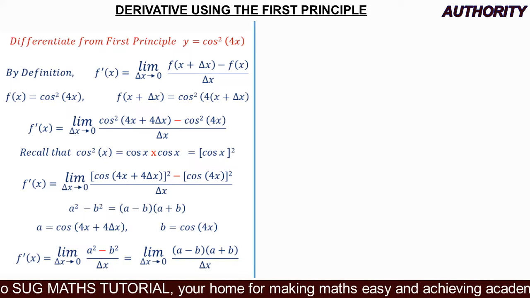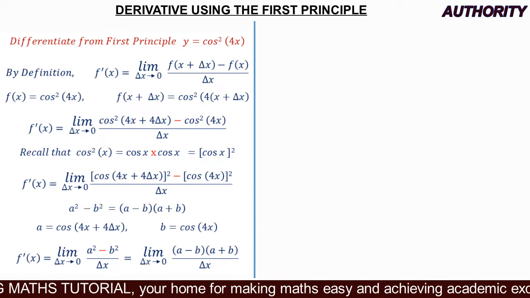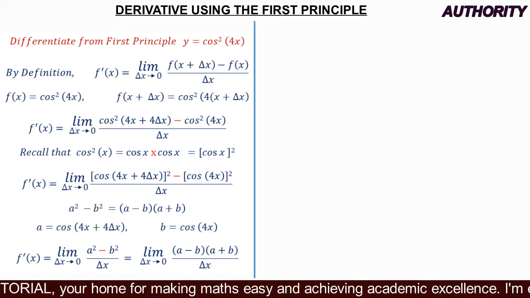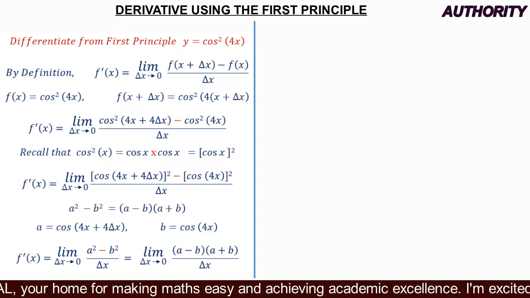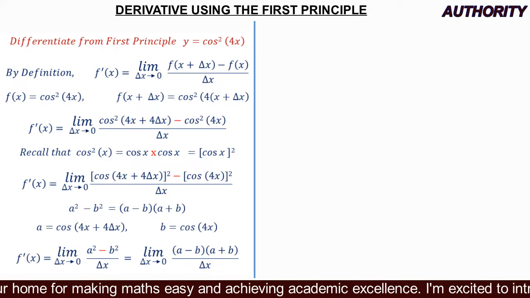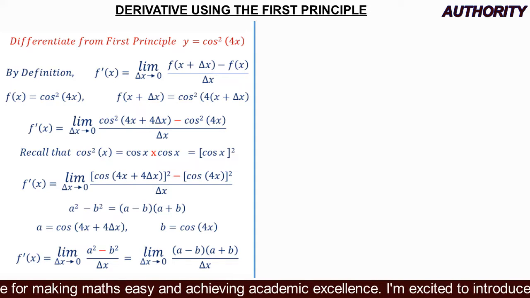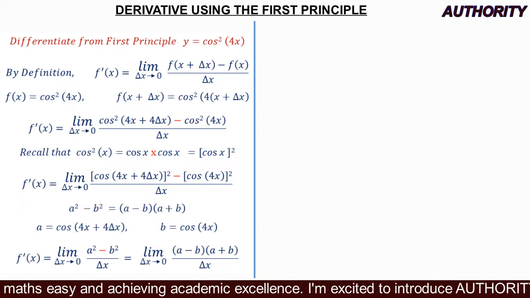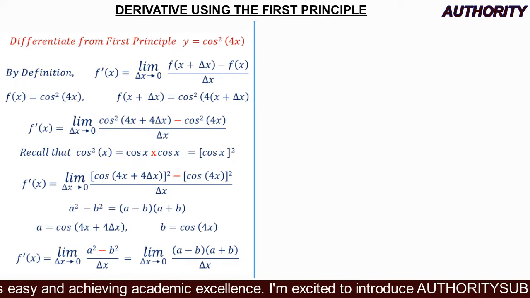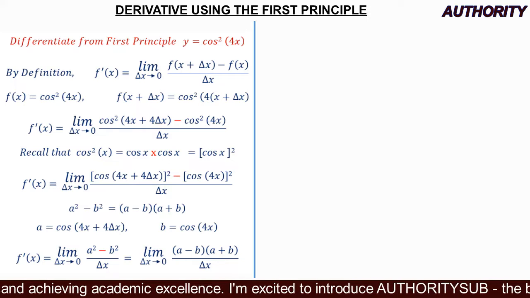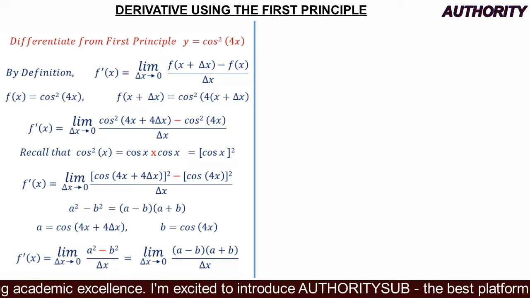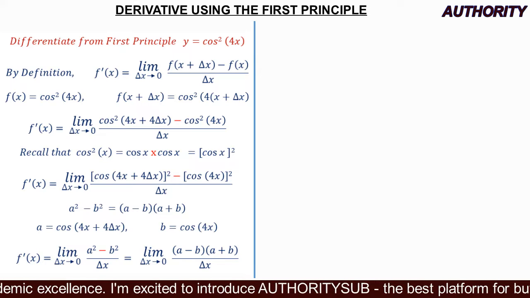We factorize it, we come up with two factors, which are a minus b and a plus b. Are we together? So this a squared minus b squared is the same as a minus b in bracket a plus b. Now remember that we say that a is cos of 4x plus 4 change in x, and b is cos 4x. Isn't it?